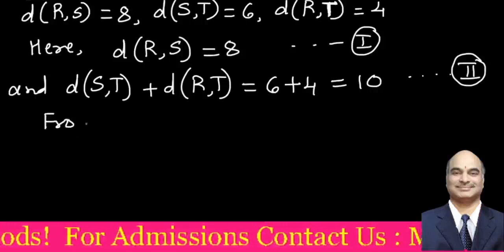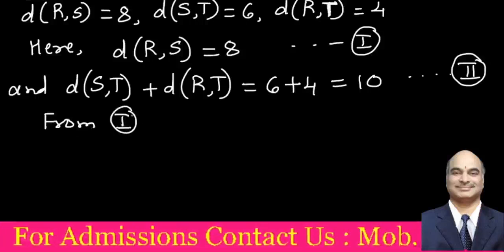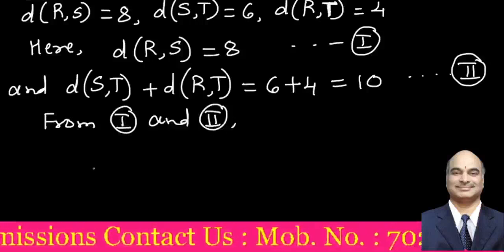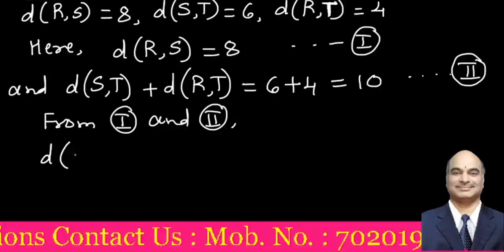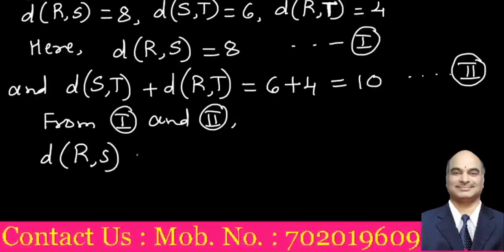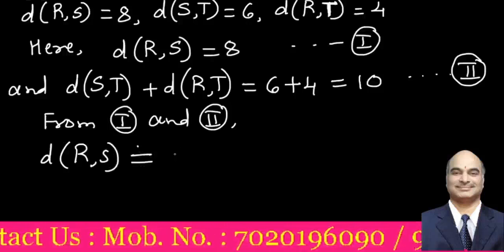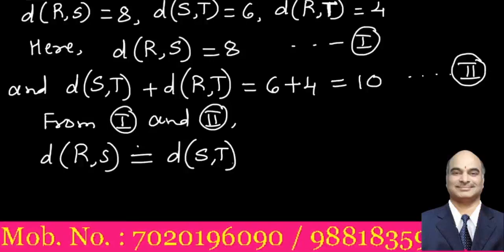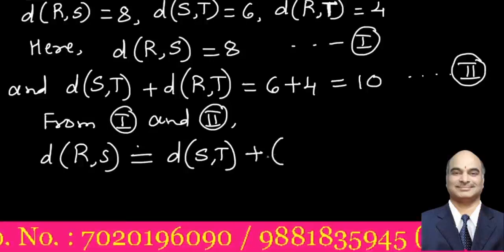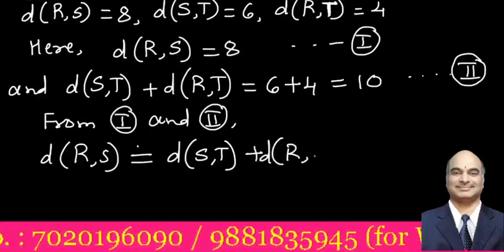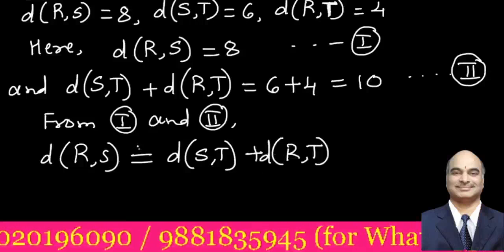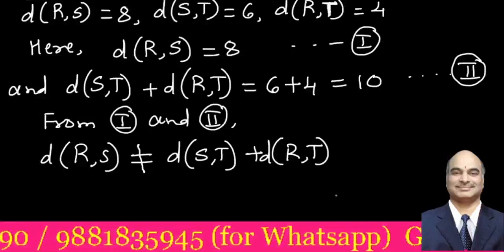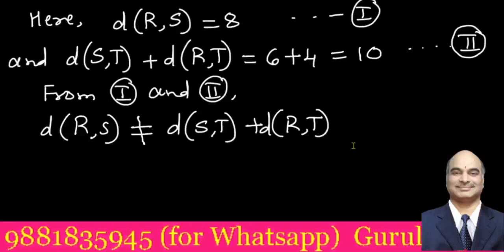So from statements 1 and 2, distance RS is not equal to the sum of the distances ST and RT.